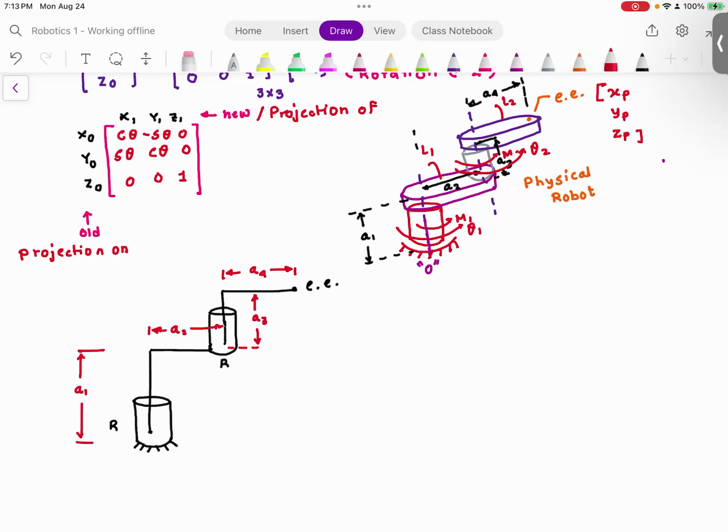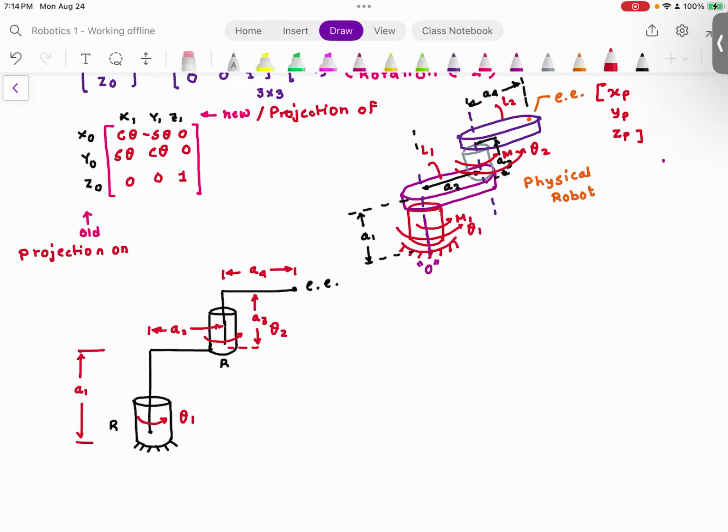Looking at the robot, this dimension is A1, this is A2, this is A3, and that is A4. Now, the first revolute joint has the rotation θ1. The second revolute joint has the rotation θ2.